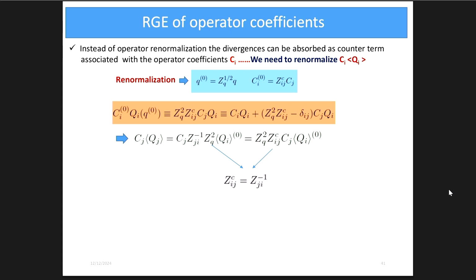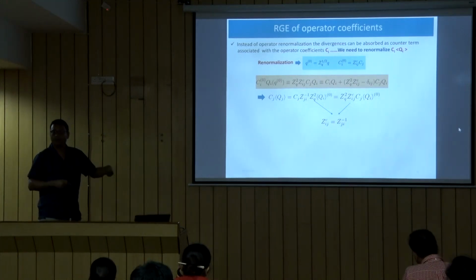Okay, so that means it should be equal to the inverse of the operator renormalization constant. Okay, so that means these are connected. So in a way, if you have calculated one, you will be able to easily transfer the impact of it to the coefficients.